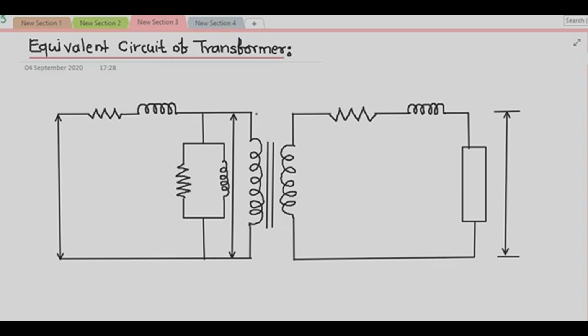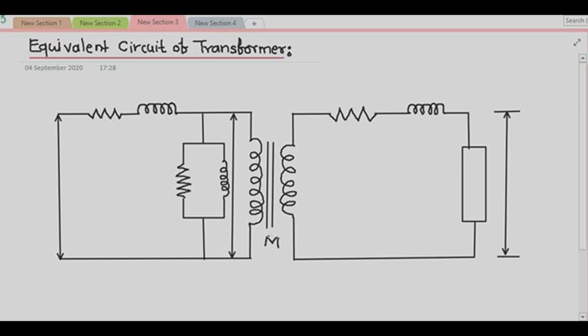So here let us draw the ideal transformer. I have drawn this transformer symbol. Let this transformer be an ideal transformer, denoted by M. So here M represents the ideal transformer. What is an ideal transformer?